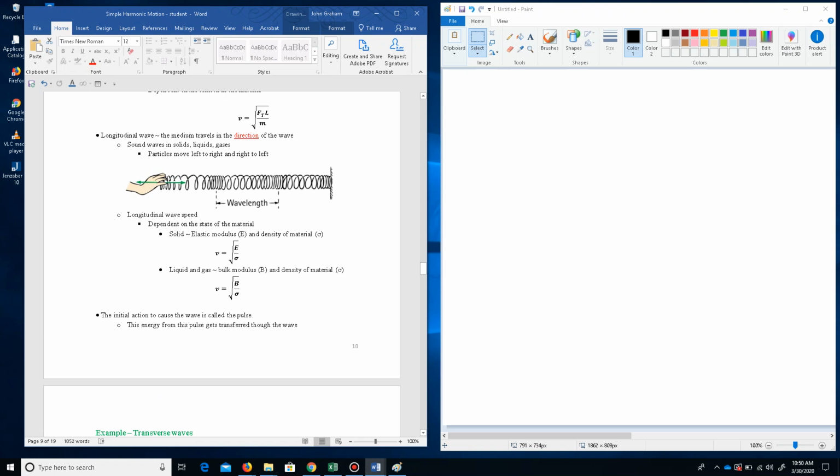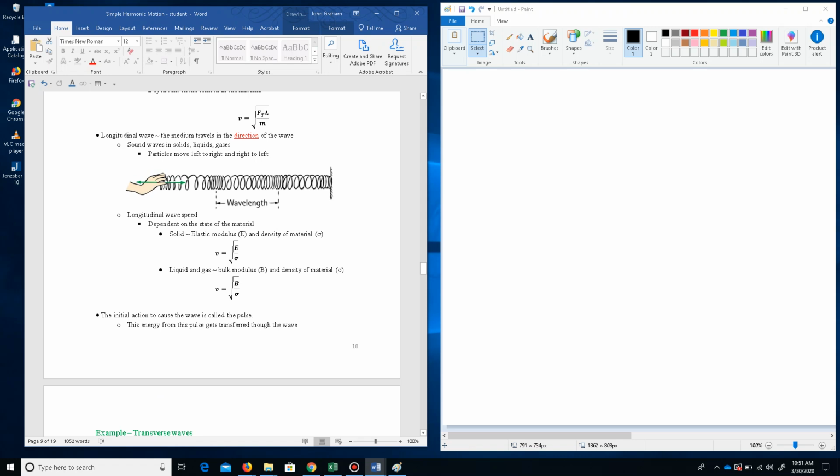So the wavelength will consist of one part stretched out, one part compressed. The stretched out part we call rarefaction, and the compressed part we call compression. And so we do have a wavelength within this type of wave itself, even though it's harder to see.